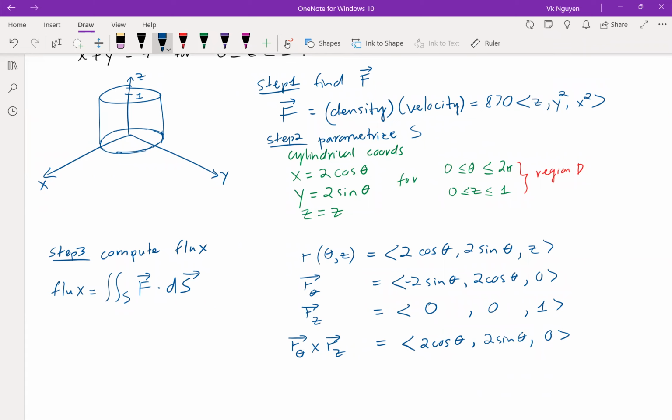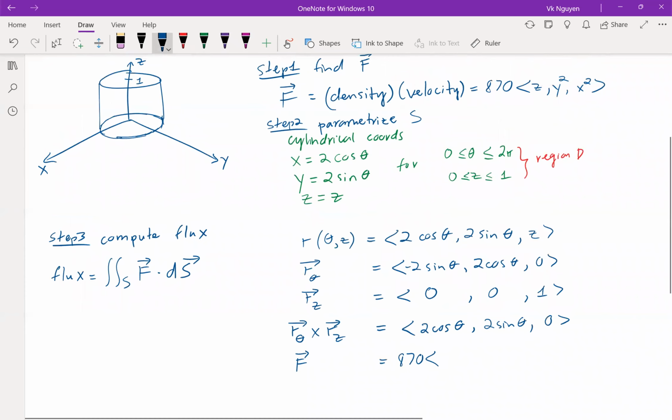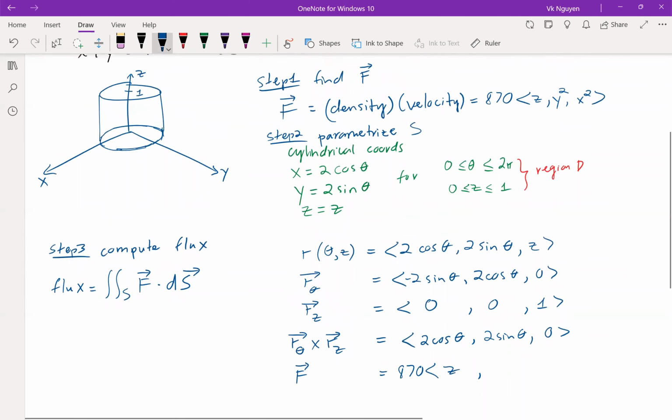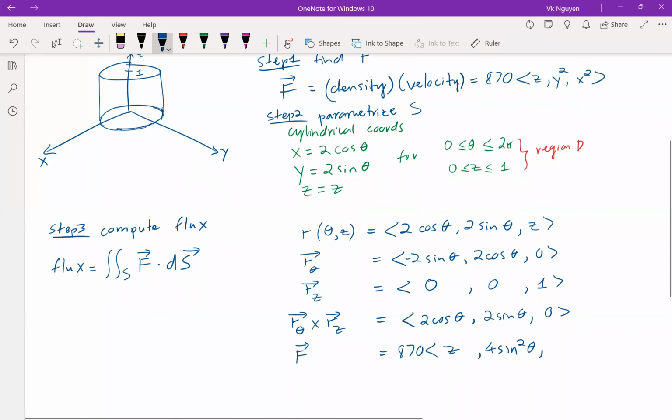Okay, next we're gonna do the vector field dot this. Do F right here: 870, z is, well, z, y square is 4 sine square theta, x square is 4 cosine square theta.